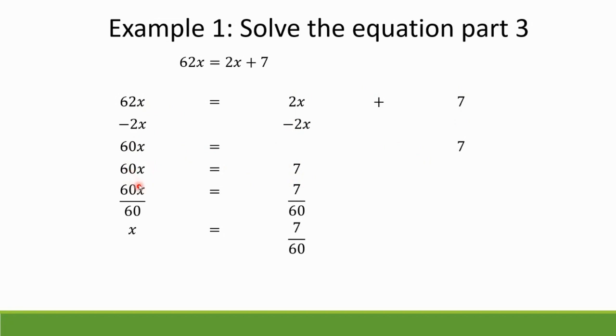So we divide both sides by 60. Remember, whatever you do to one side, you must do to the other. You get x equals 7 over 60. And that's our answer.